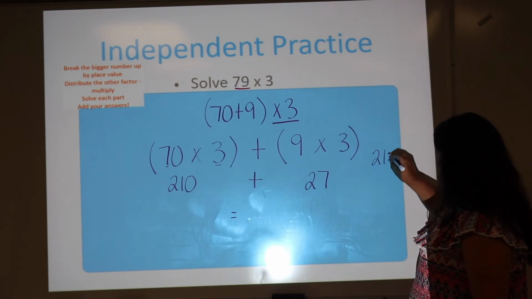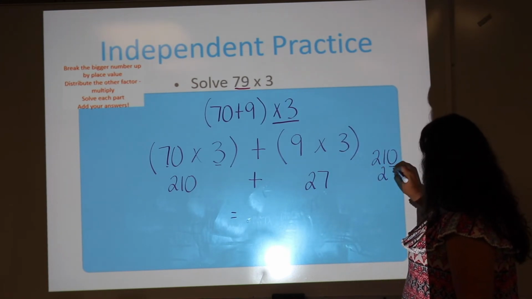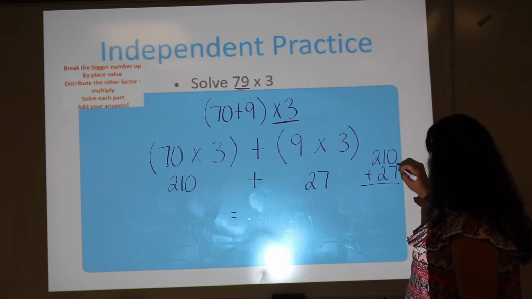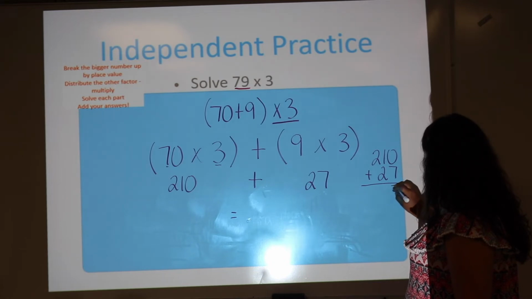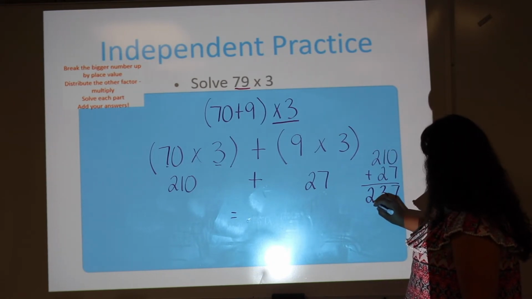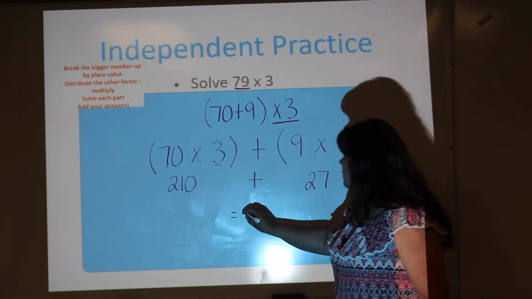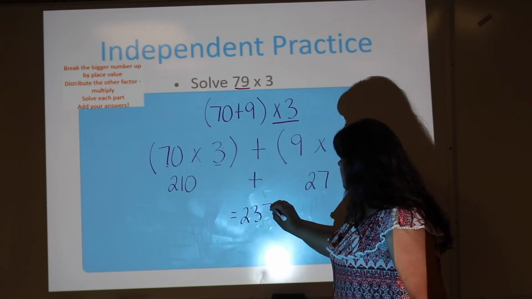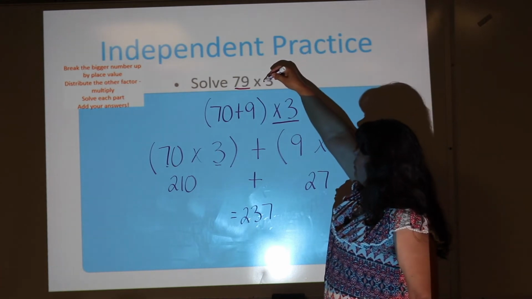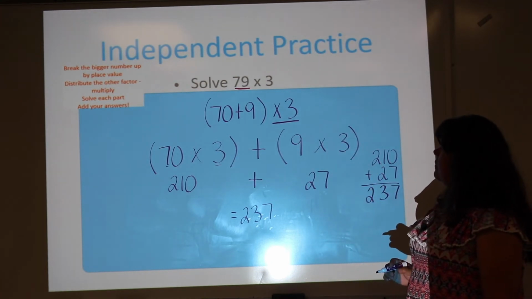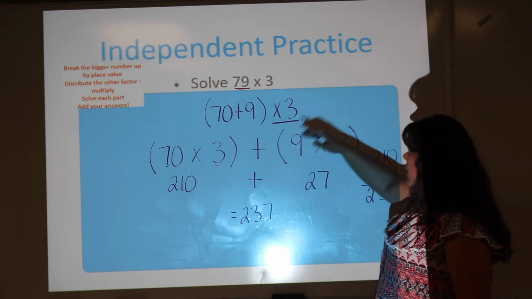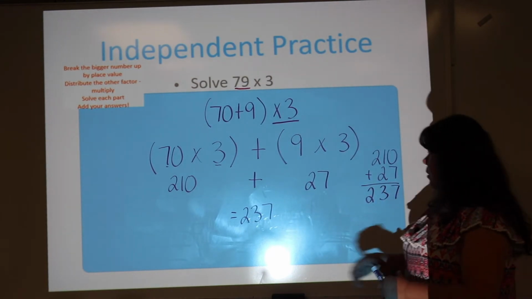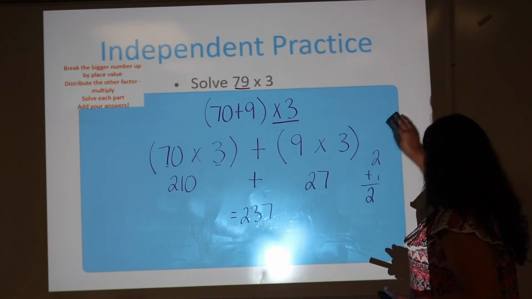I'll do that over here. 7 plus 0 is 7. 2 plus 1 is 3, and I bring down my 2, so I get 237. So this is a big problem. 79 times 3 is going to equal 237, but if we break it down, it makes it a little more doable.